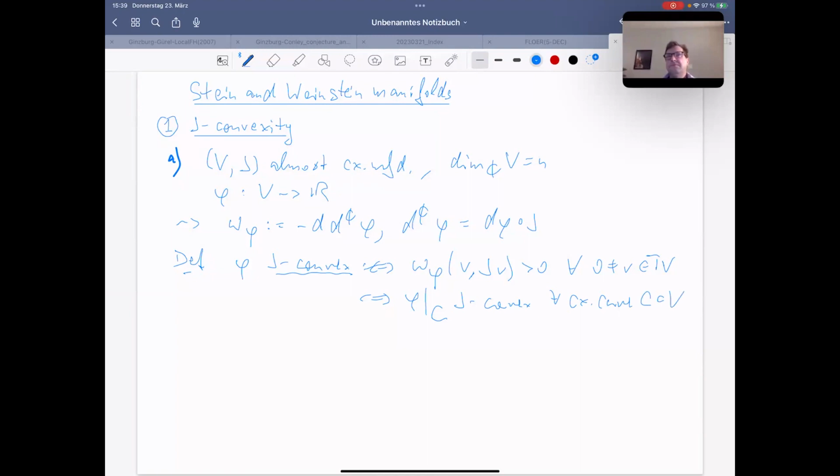So J convexity really is just a condition on what the function phi does when you restrict it to complex one-dimensional curves.